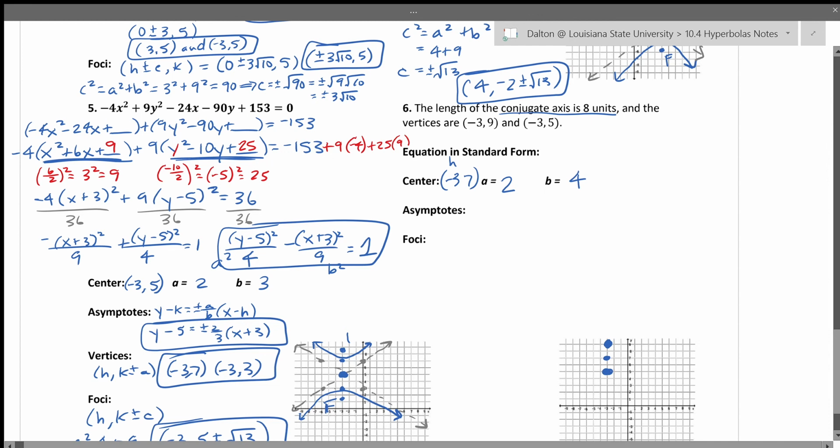Asymptotes are given by the equation y minus k is equal to plus or minus a over b times x minus h. Oh, why is it erasing all over again? Oh dear. Why is it erasing as I write?